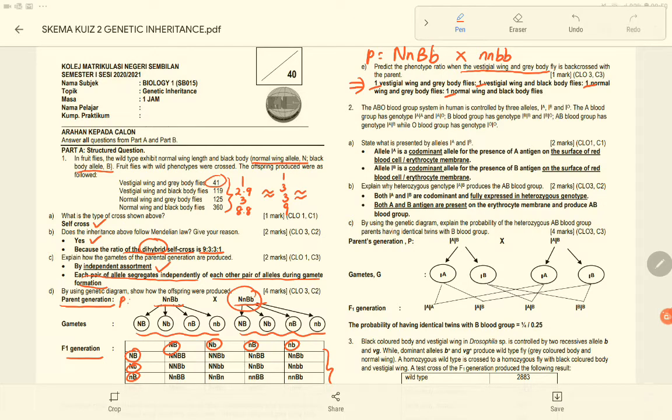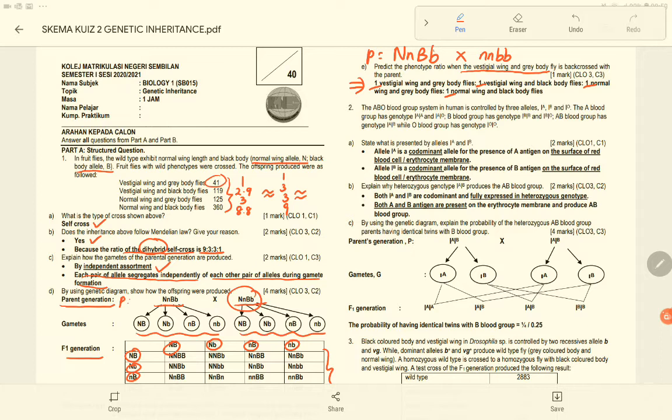Second question: the ABO blood group system in humans is controlled by 3 alleles, IA, IB, and IO. The A blood group has genotype IAIA and IAIO. B blood group has genotype IBIB and IBIO. AB blood group has genotype IAIB, O has IOIO.